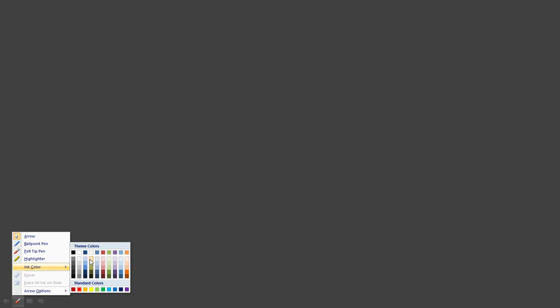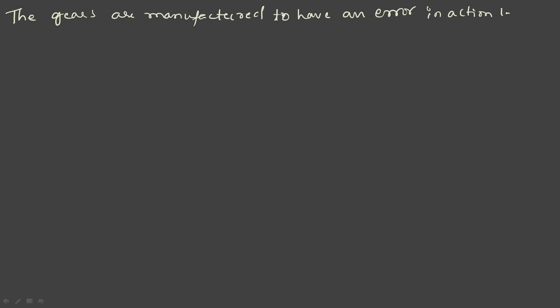Now they have given everything here also. You note down: the gears are manufactured to have an error in action less than 0.02 mm.